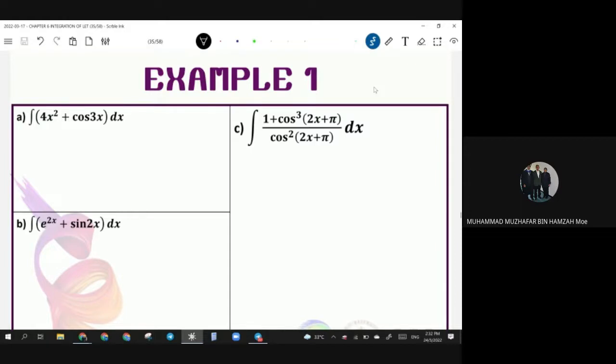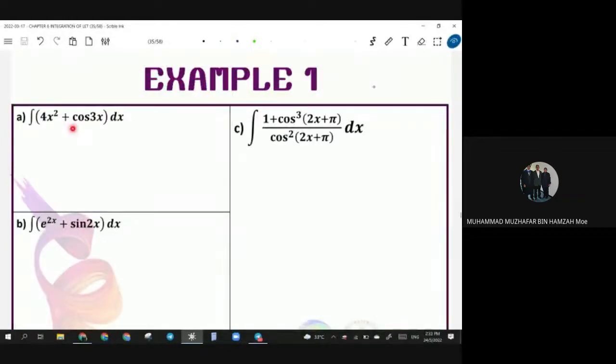Okay, anyway, so let us try to integrate the first question. We got here the integration of 4x squared plus cos 3x dx. So everyone please have a look at question A here. This integration, we got two terms that need to be integrated.